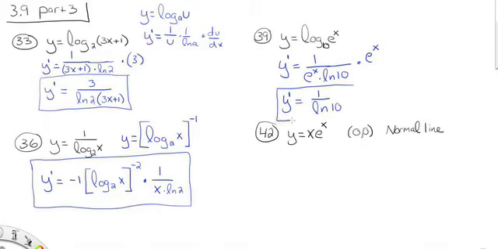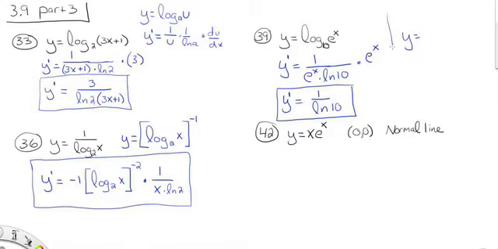Which is interesting. You might notice that this has no variable in it, which means it's a constant. And if your slope function is a constant, that means the thing you took the derivative of must be linear. So what that means is y equals log base 10 of e to the x, even though it may not look linear, is linear. You can actually see that it's linear if you rewrite it using rule 3 of logarithms.